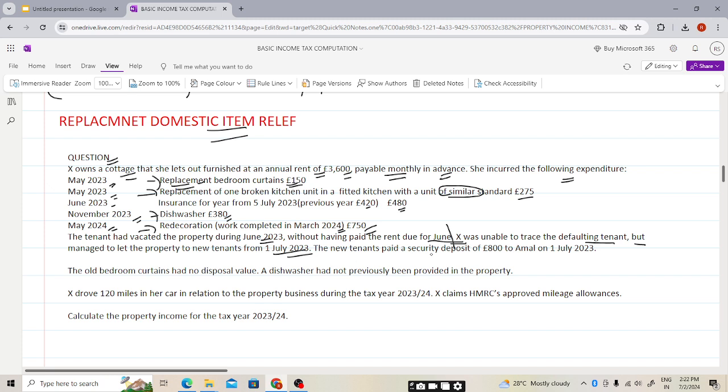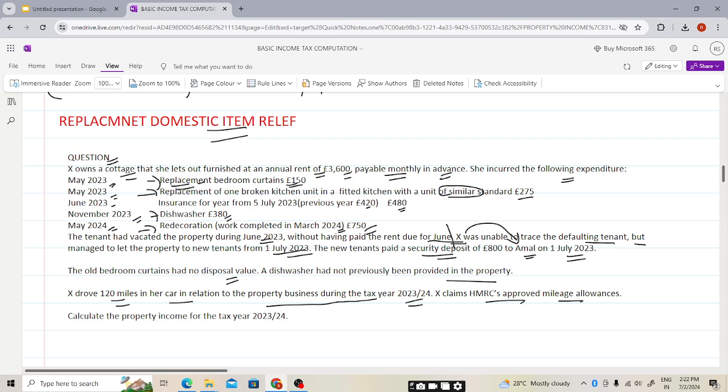The new tenant paid a security deposit of 800 pounds to Amal on 1st July 2023. X is Amal here. The old curtains had no disposable value. The dishwasher had not previously been provided in the property. X drove 120 miles in her car in relation to the property business during the tax year 23-24. X claims HMRC approved mileage allowances.